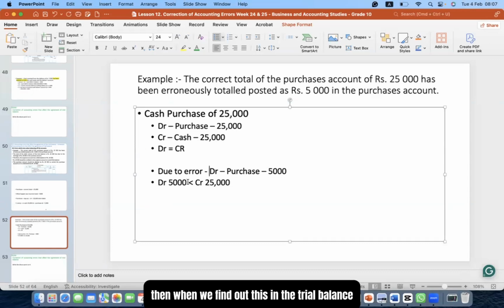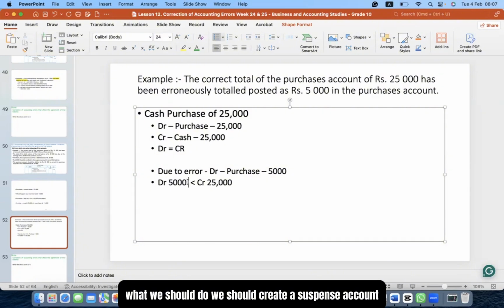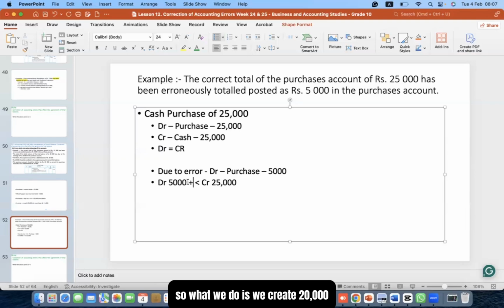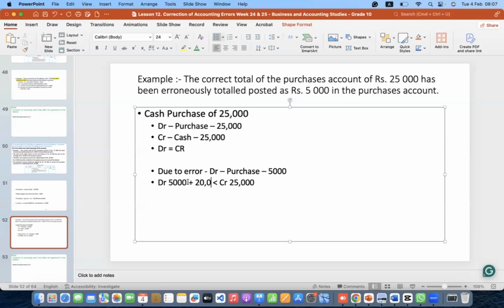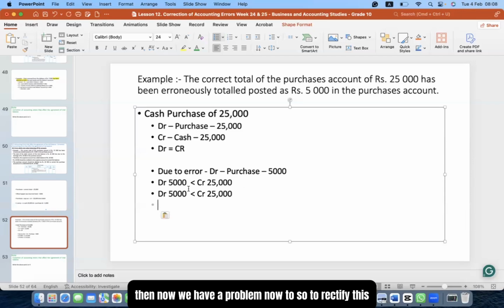Okay. Then when we find this out in the trial balance, what should we do? We should create a suspense account. So we create 20,000. Then now we have a problem.